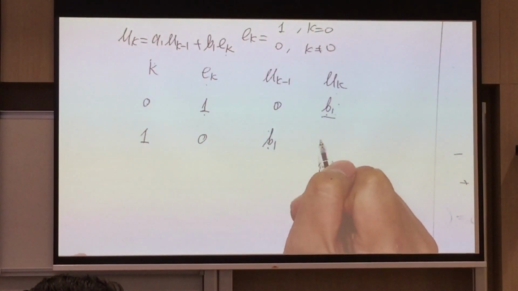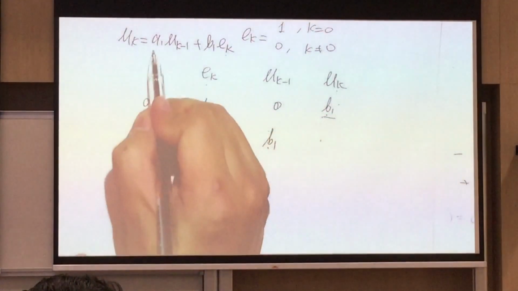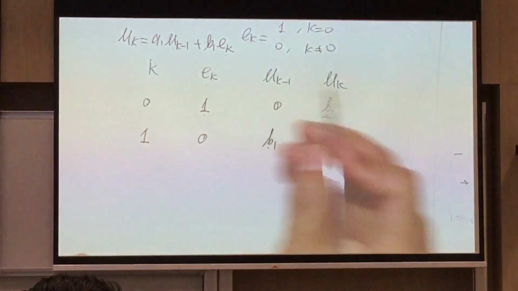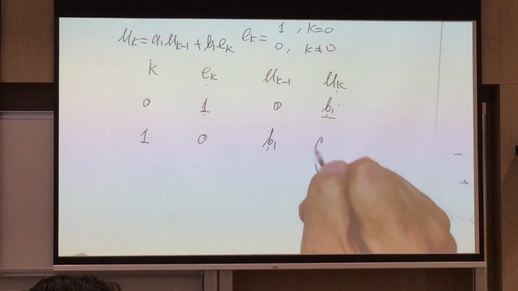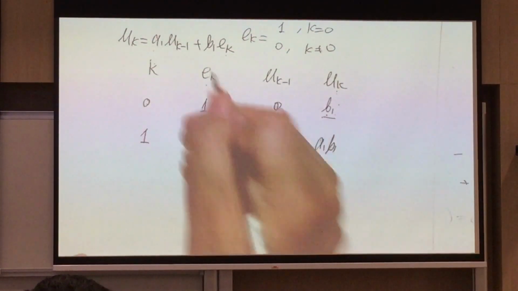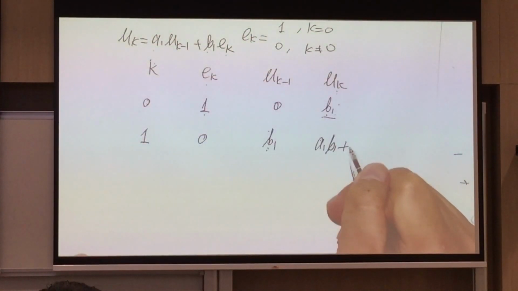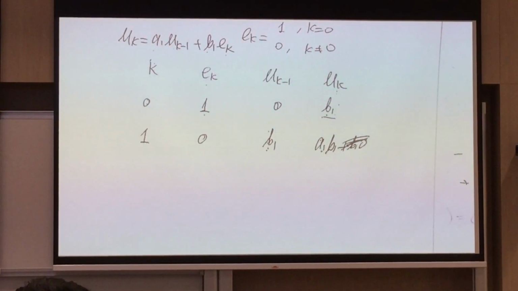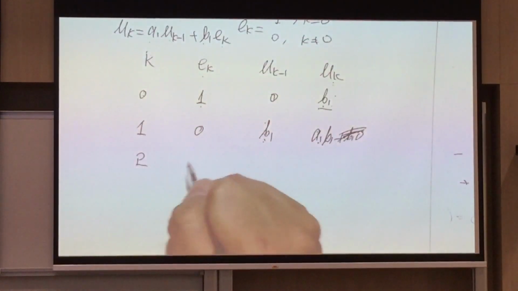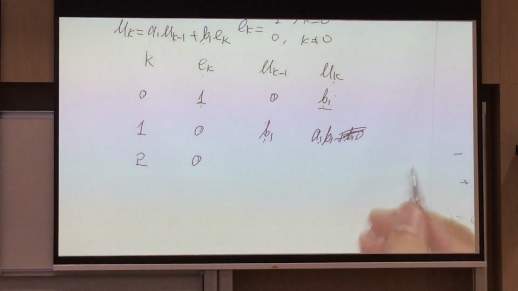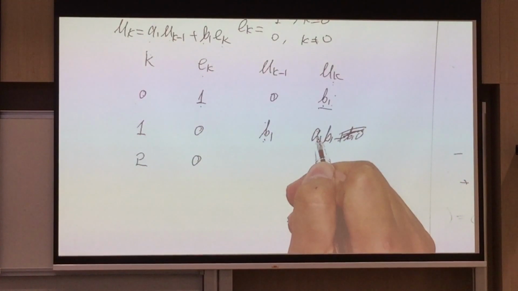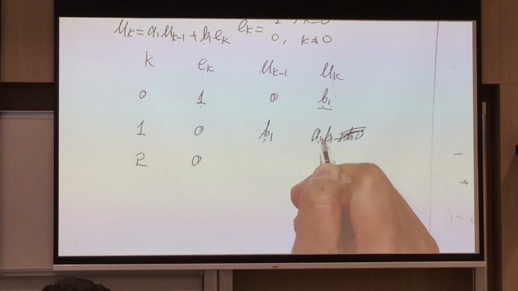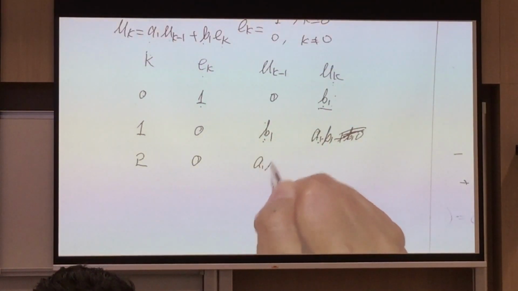So how much is my u(1) now? My u(1) will be updated by a1 multiplied with u(k-1), which is a1 b1, plus b1 times 0. So it's just a1 times b1. When I go to 2, my input is 0, then my u(k-1) becomes my previous u(k), right? Because of the time shift.